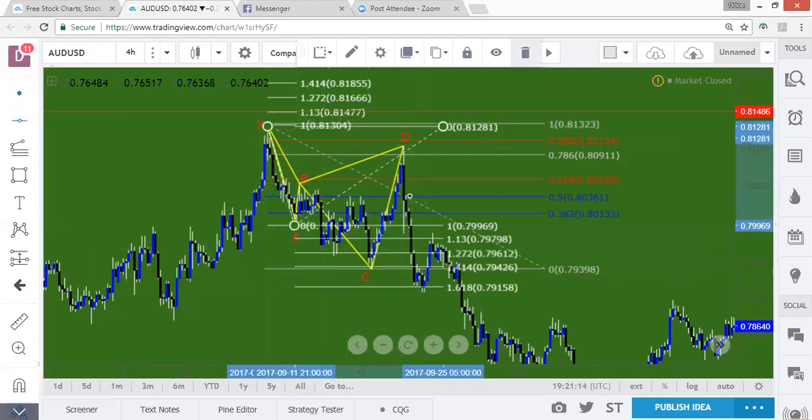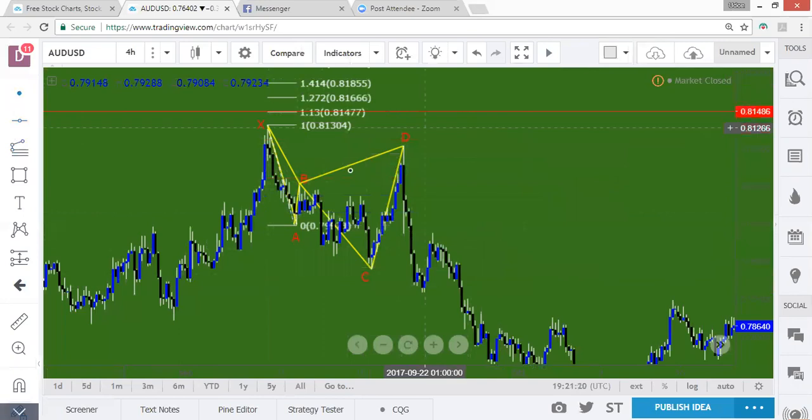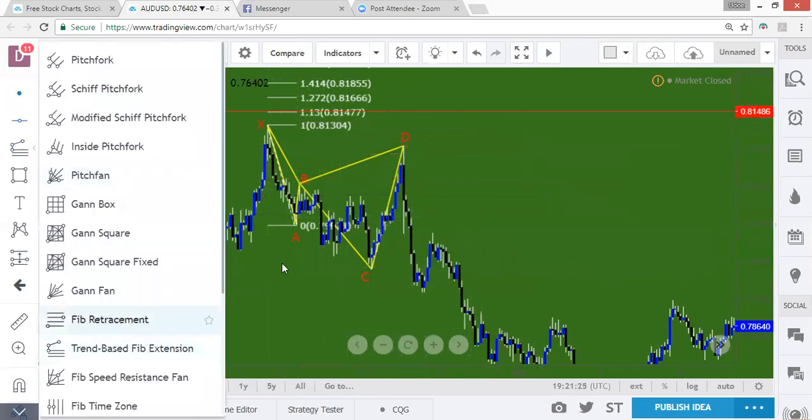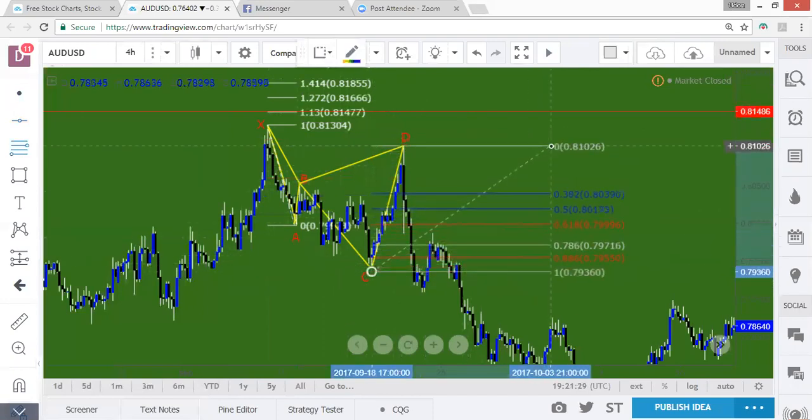Let's get rid of this. Get rid of this. Our targets: we would have gone from C to where D was projected. Once D made it up there, we would have moved it to here.